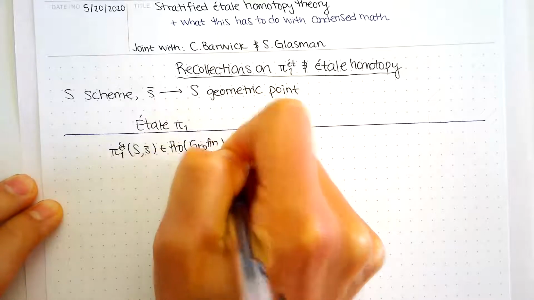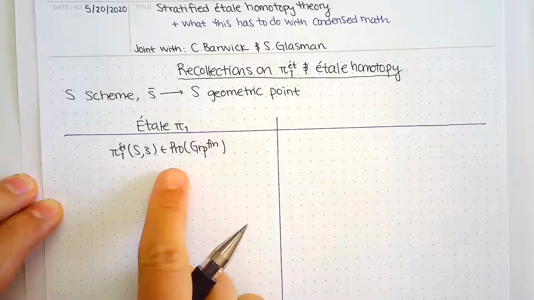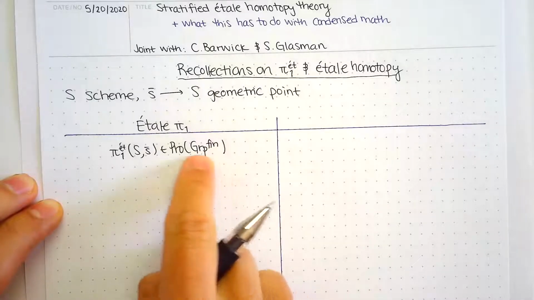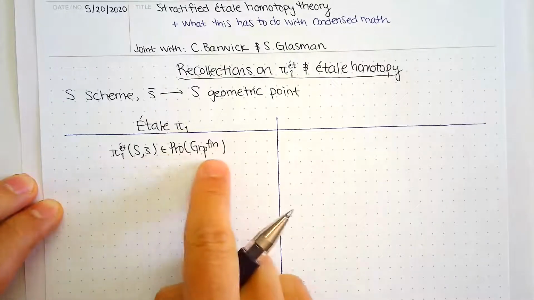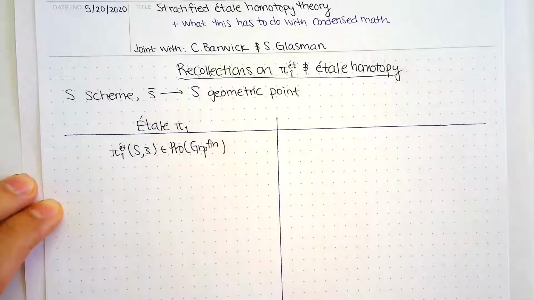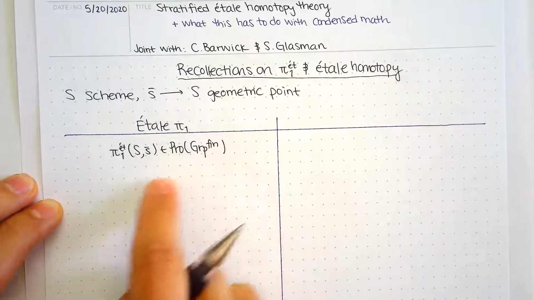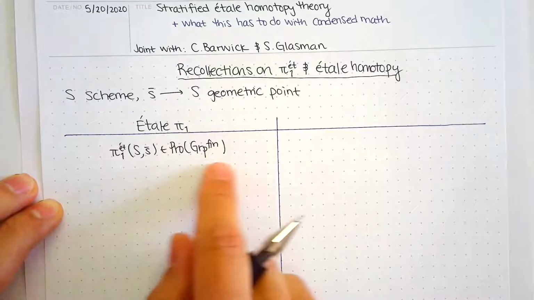So it's a pro object in the category of finite groups. Often we just think about it as a certain type of topological group. Because of Stone duality, you're able to regard profinite groups as topological groups where the underlying topological space is compact Hausdorff and totally disconnected, also known as a profinite set.